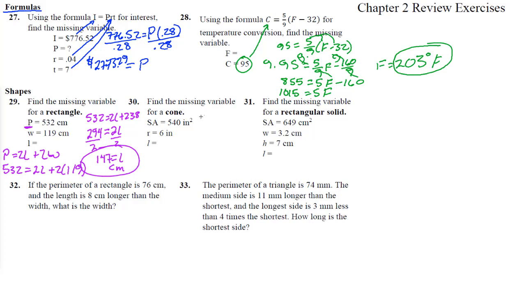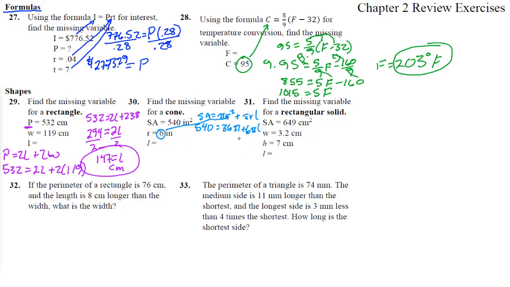Surface area is the formula we've got. Surface area of a cone is pi r squared plus pi rl. So 540 equals pi times radius squared. So if 6 goes in for the radius, this is 36 times pi plus pi times 6 times L. So 6 times pi times L there.